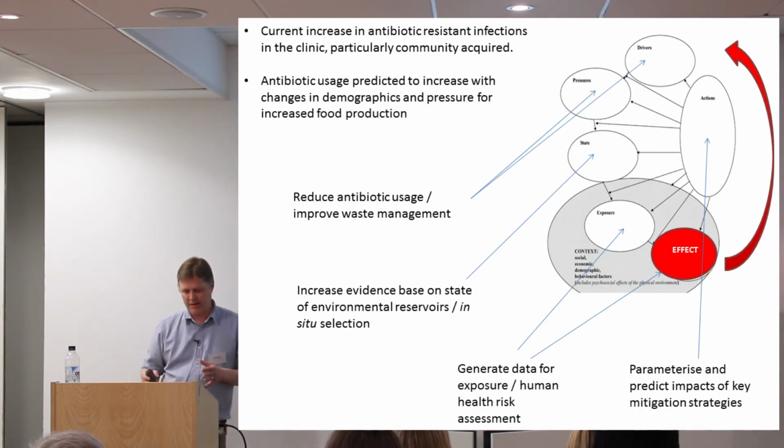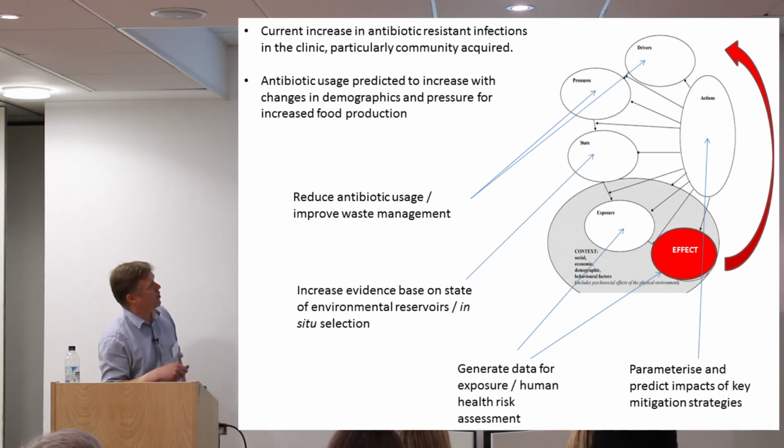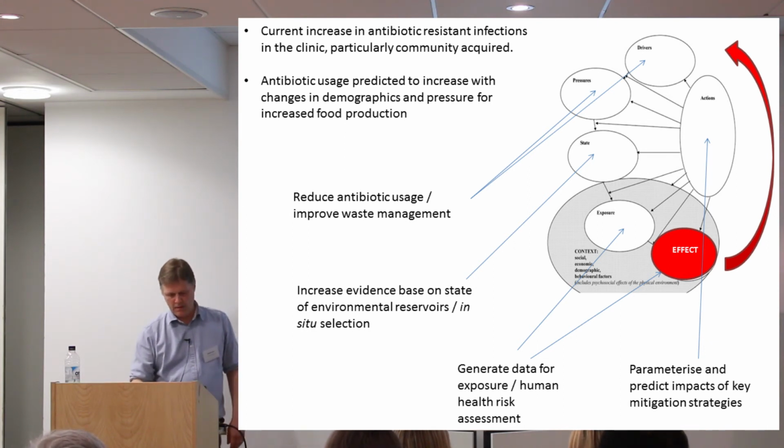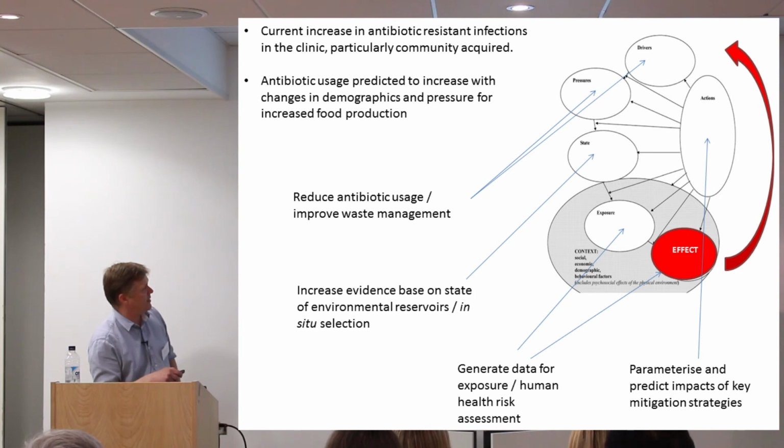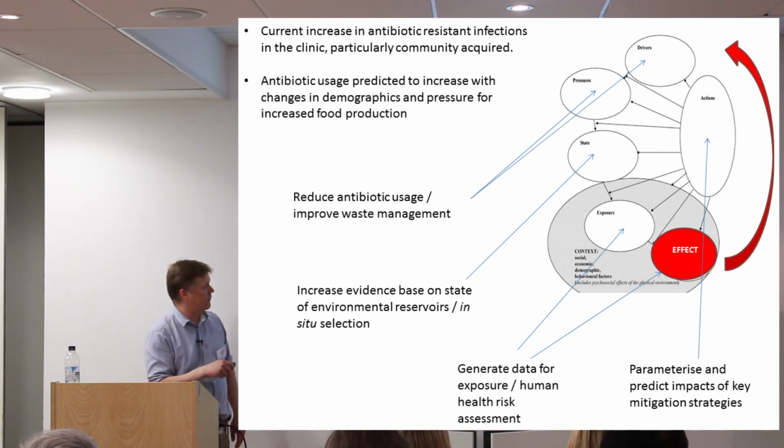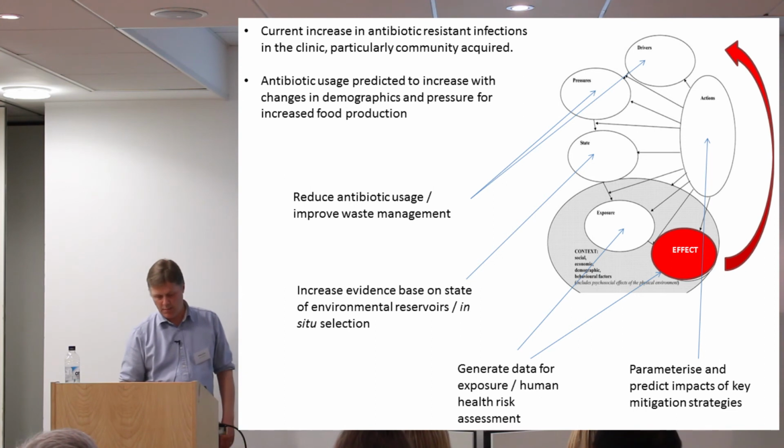So going back to this conceptual model of the problem, we can look at reducing antibiotic usage and improving waste management. We need to increase the evidence base on the state of this environmental reservoir. Is the evolution of resistance being driven by anthropogenic pollutants?